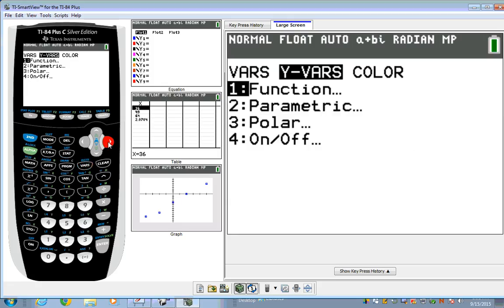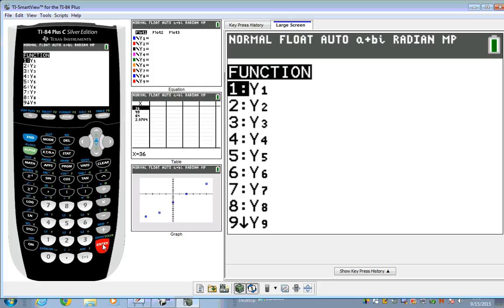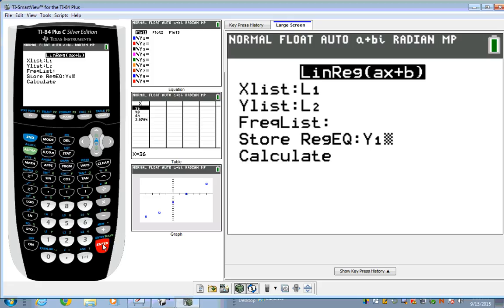And I want it to store it as a function. So let's press enter. And I just want it to store in y1. I don't need to store it in any particular place. So let's store it in y1. So I did all of that just to get it to store. Could I write it on a piece of paper? I could. But we're trying to let our calculator do the best it can. All right, let's calculate.